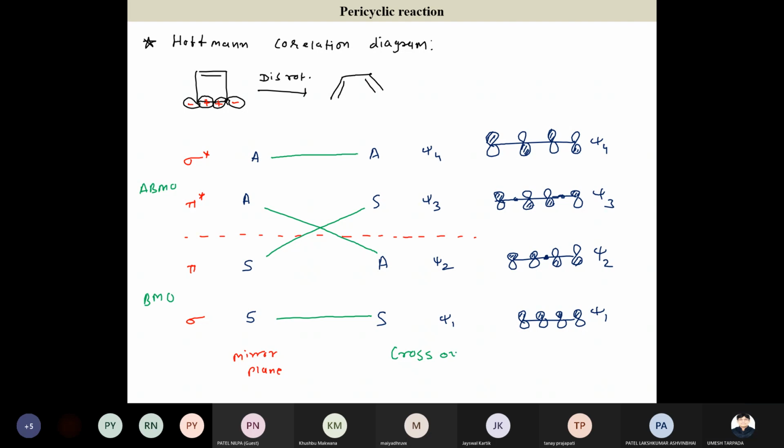Crossover is observed in symmetry, and therefore it is photochemically allowed.